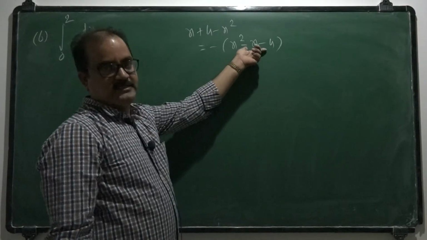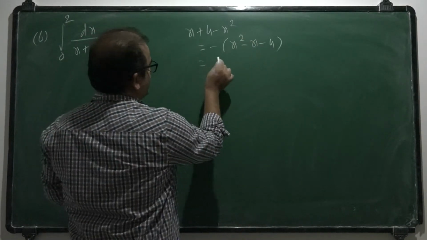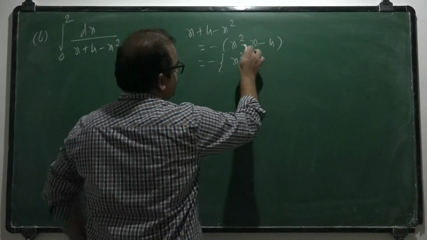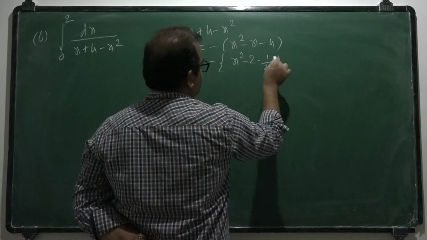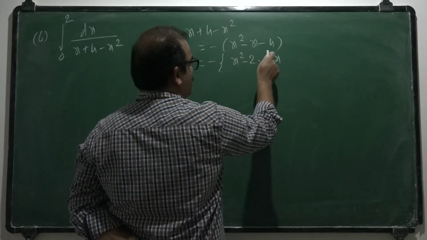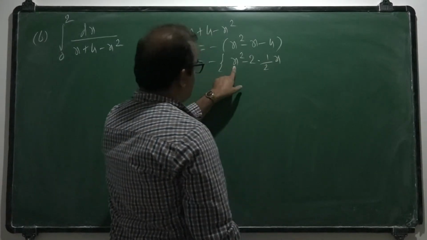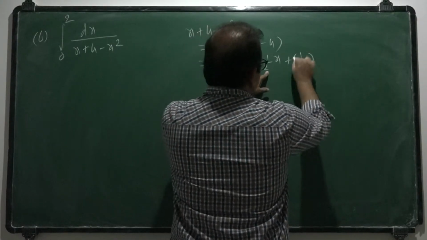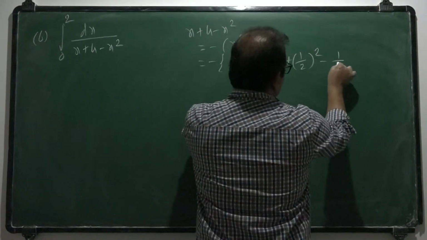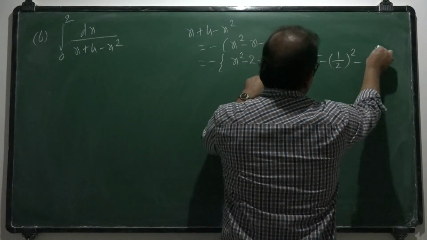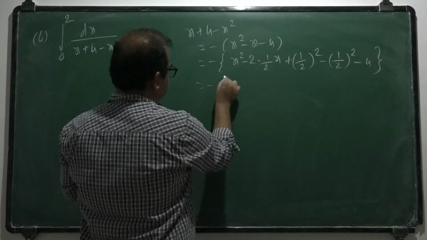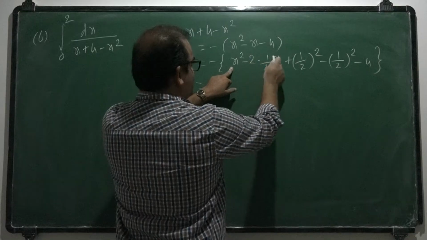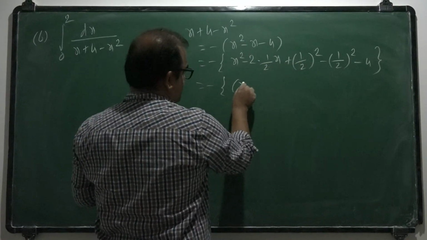Now we write it as a perfect square. So write it as minus of x square minus 2 into 1 by 2 into x. x is taken as 2 into 1 by 2 into x. Now it is in the form of a square minus 2ab, so you write plus b square, 1 by 2 whole square. If you add, then you must subtract, minus 4. Now see, the first three terms are in the form of a square minus 2ab plus b square, that is a minus b whole square.